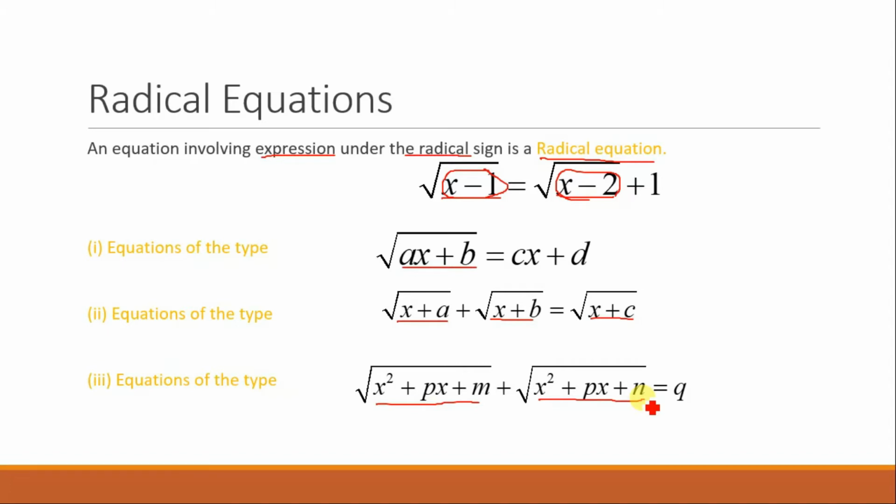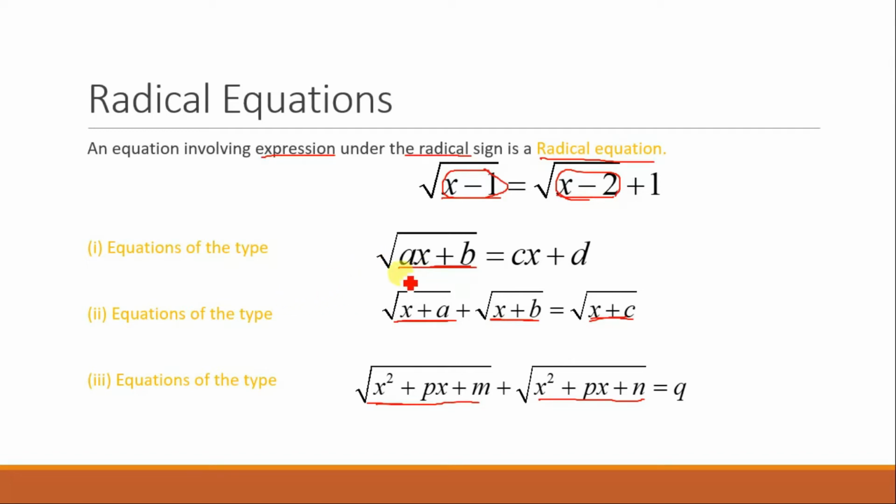We shall discuss these three kinds of radical equations one after the other.